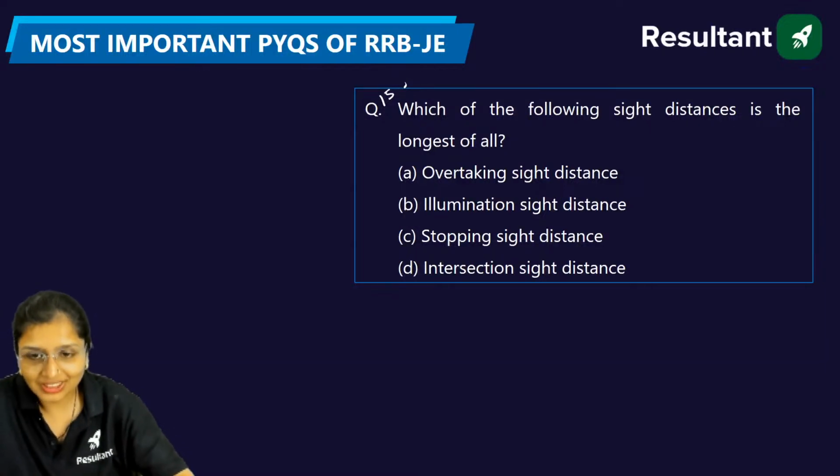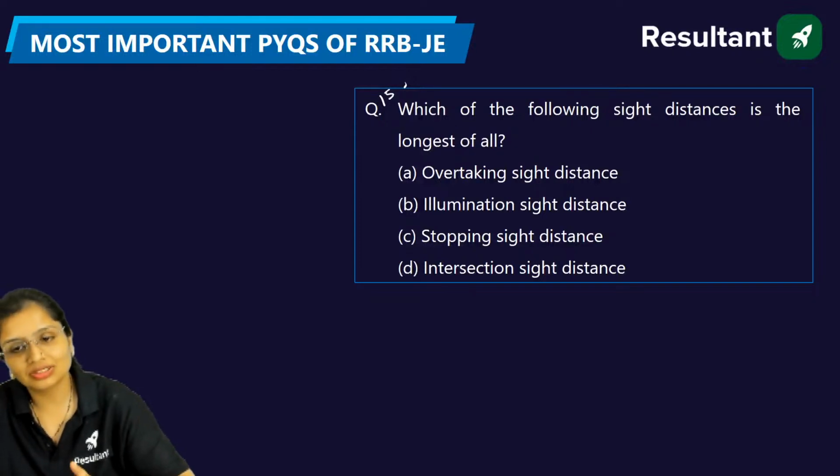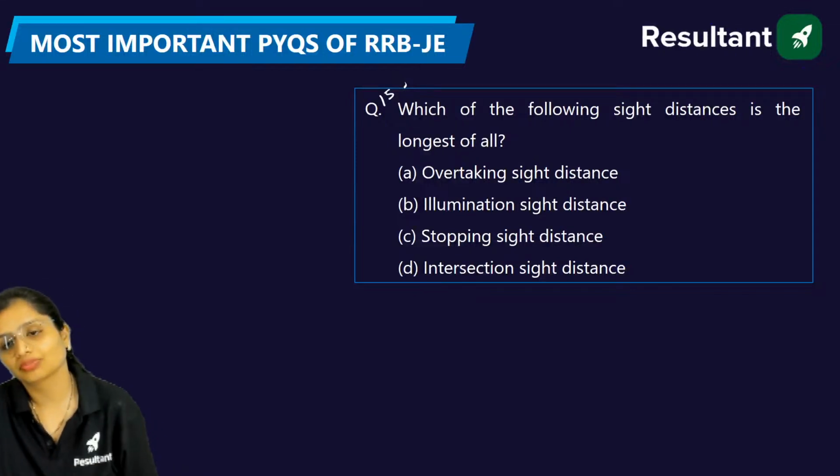Correct. Question number 15. Vishnu's favorite question now. Which of the following side distance is the longest of all? If you compute the overtaking, illumination, stopping side, intersection, which one will give you the highest value?